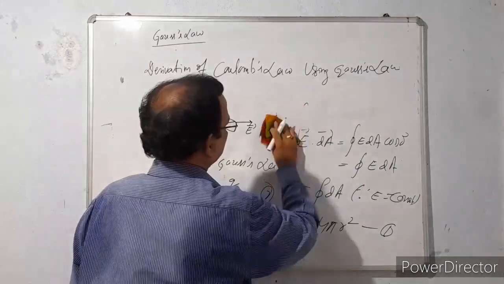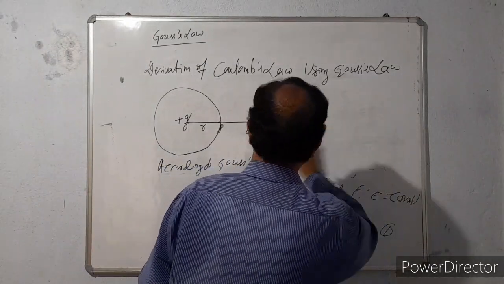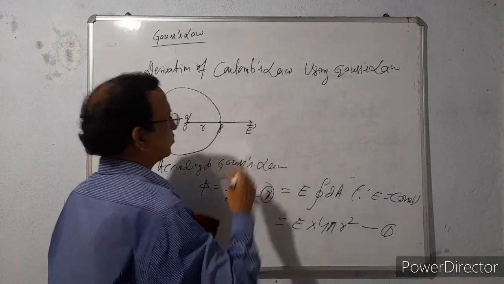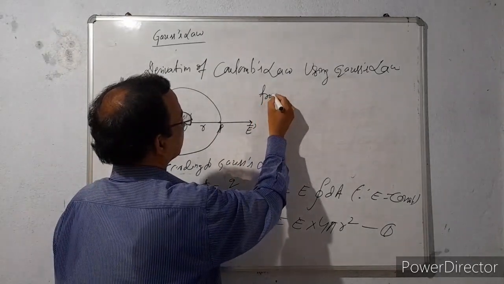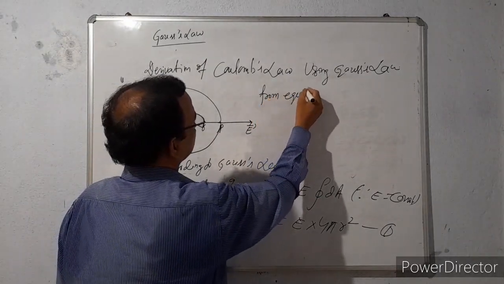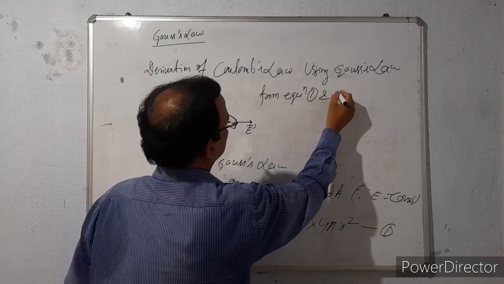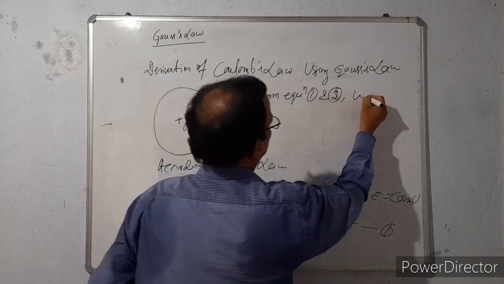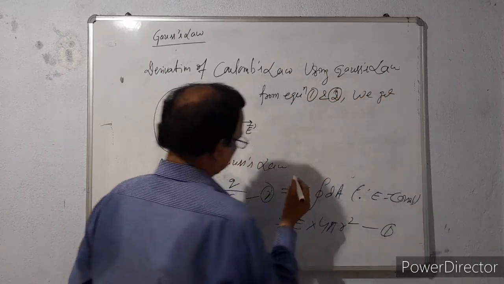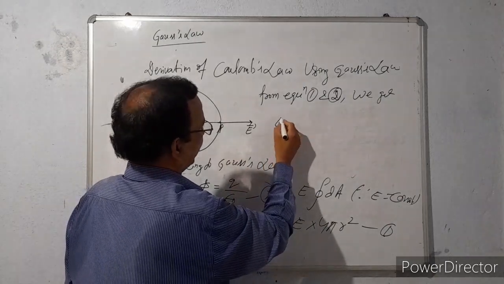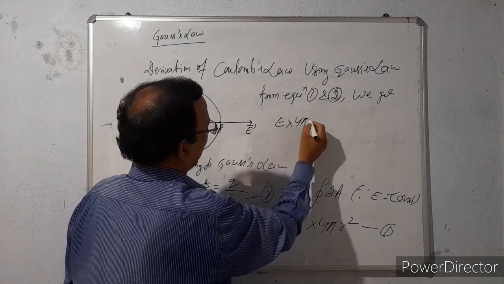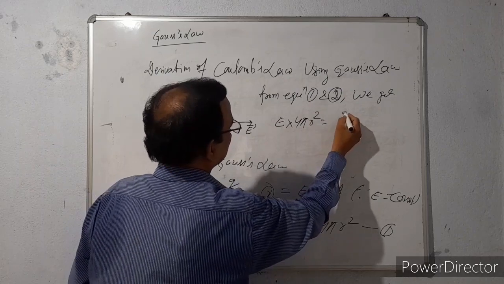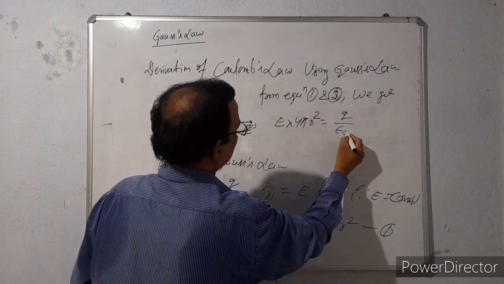From equations 1 and 2, we get E into 4 pi r square is equal to Q by epsilon naught.